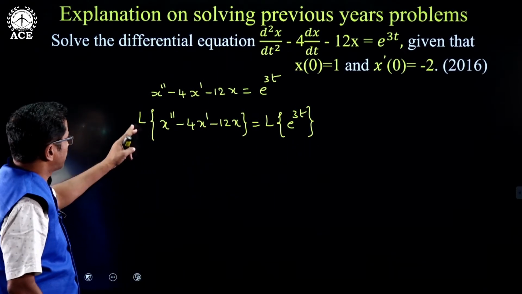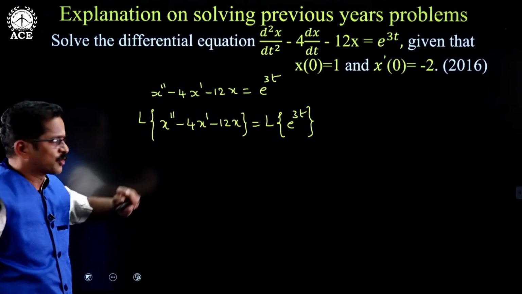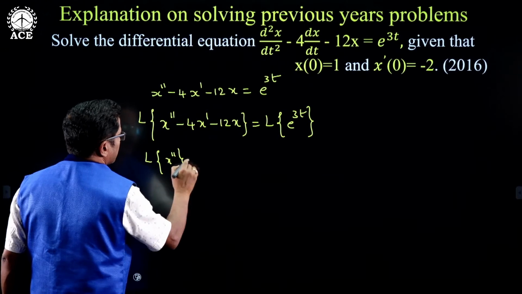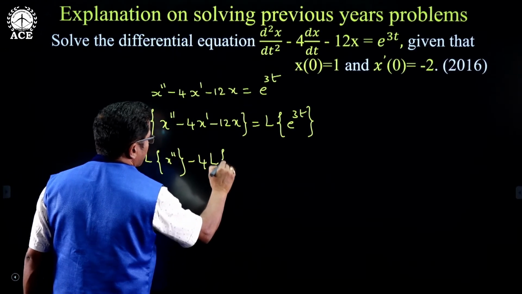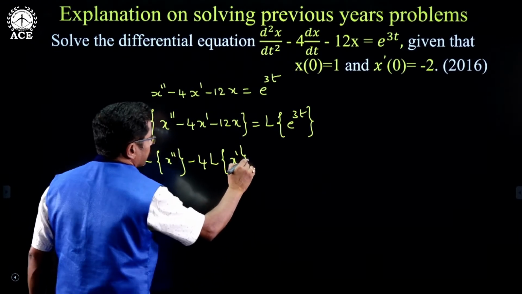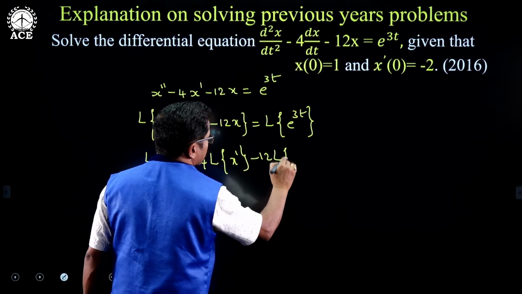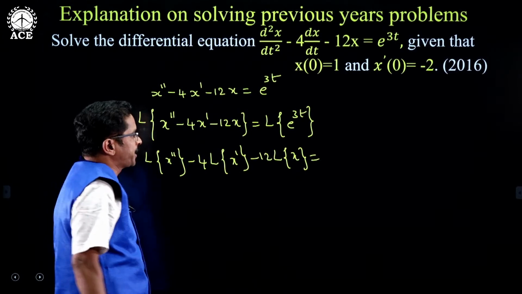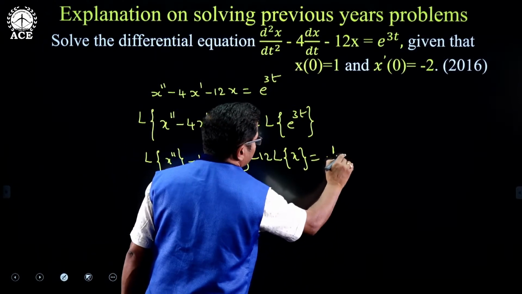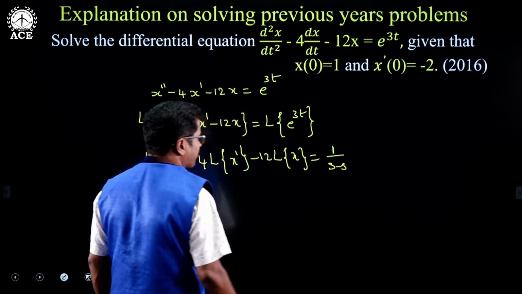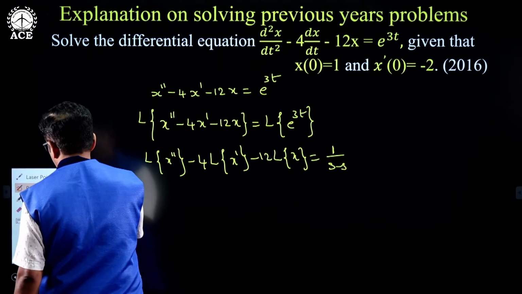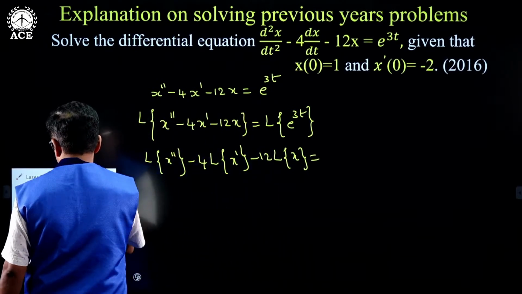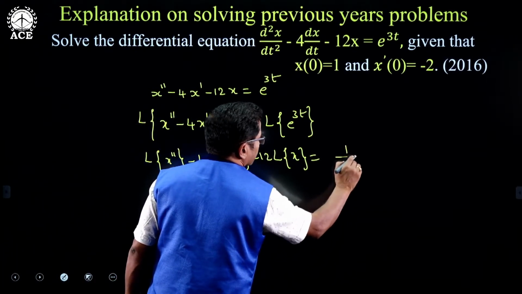Okay. So now I will take Laplace transform for every individual term. So L of x double dash minus 4 into L of x dash minus 12 into L of x is equal to L of e power 3t, by standard formula, Laplace transform standard formula, that becomes 1 by s minus 3.